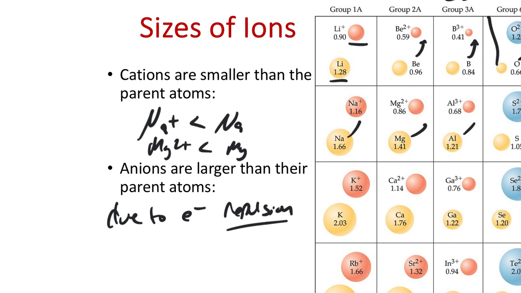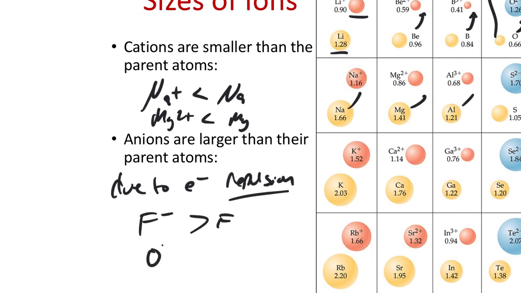So those electrons that we're adding are repelling each other, and then that serves to increase the size of the ion. So F minus is bigger than F, O2 minus is bigger than O.